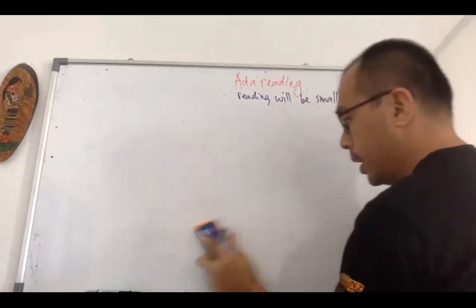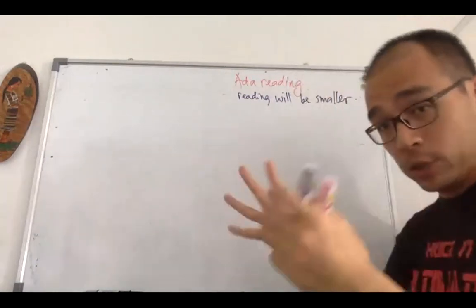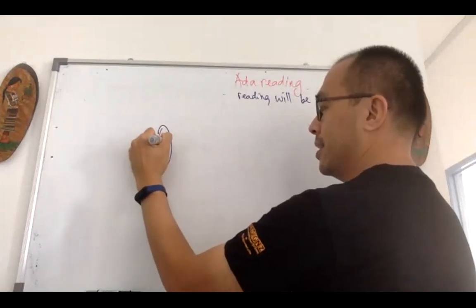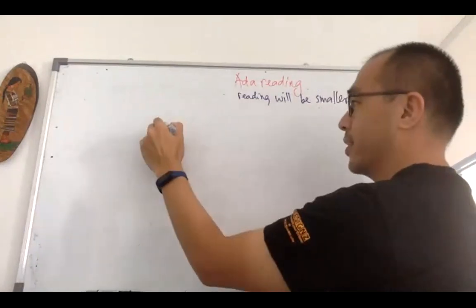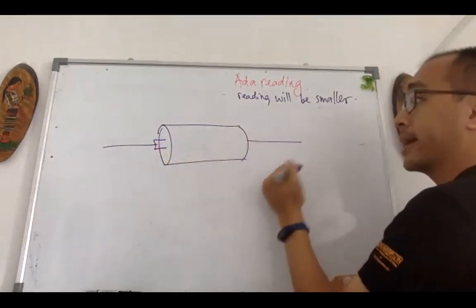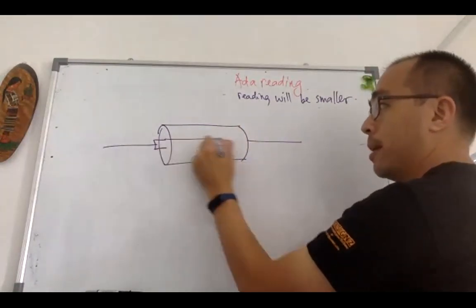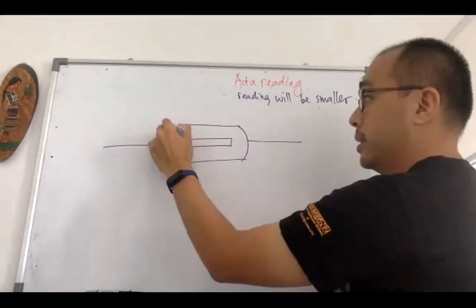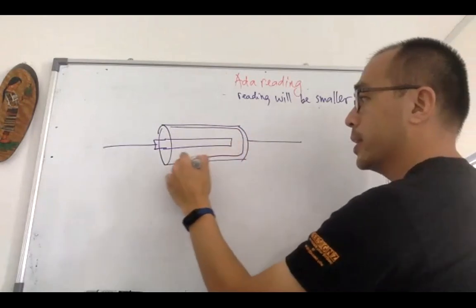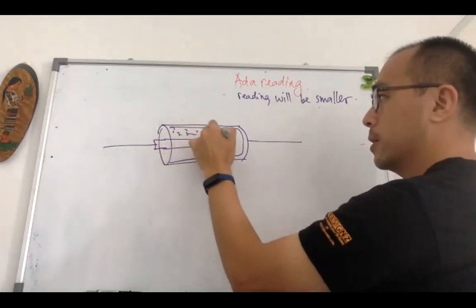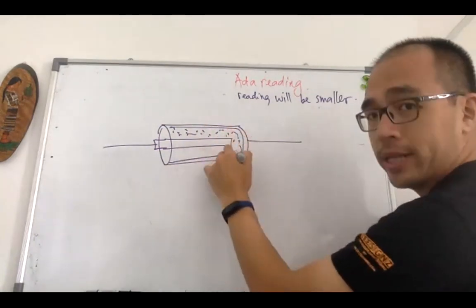Now, let's say I zoom in on the battery. This is the battery, this is the terminal of the battery. And if you remember, inside the battery of course there's this rod over here, and all this one, do you remember what all this is called? Have you ever opened inside the battery before?